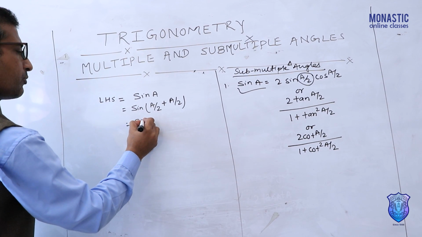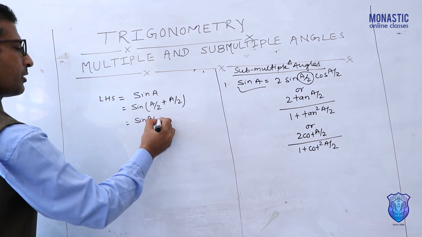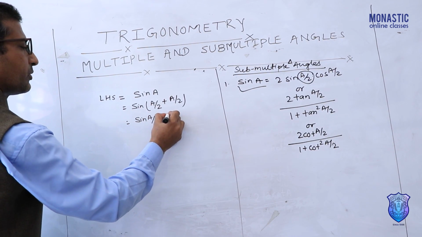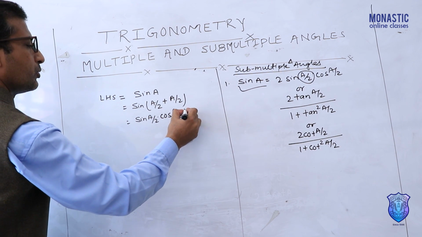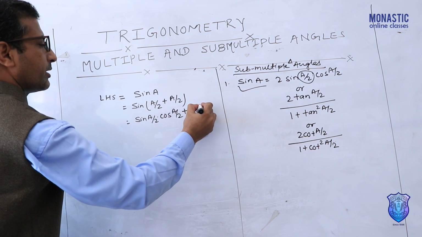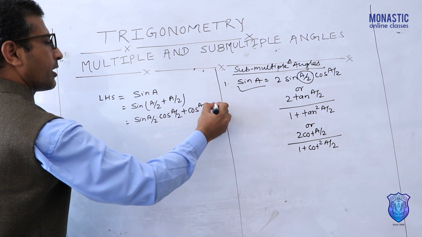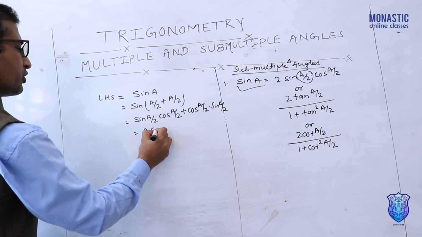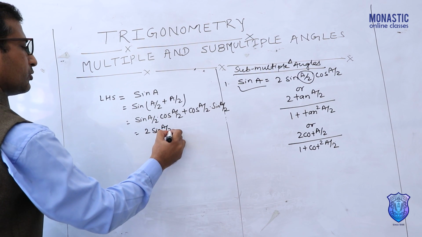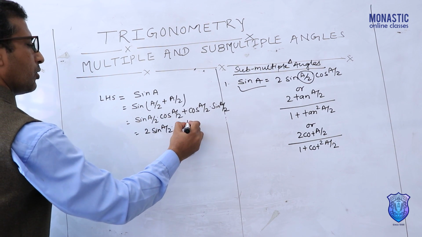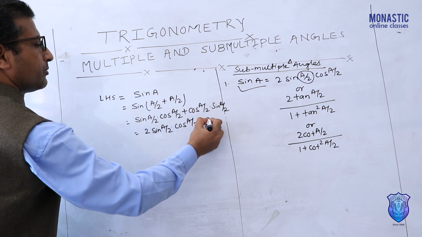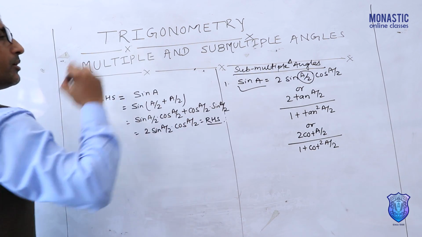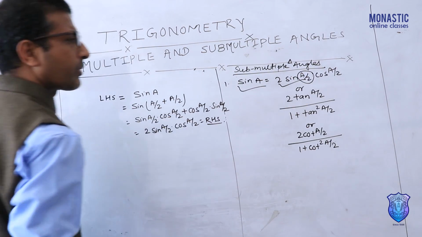Now use the compound angle formula: sine A by 2 into cos A by 2 plus cos A by 2 into sine A by 2. It came 2 sine A by 2 into cos A by 2. First one is proved.